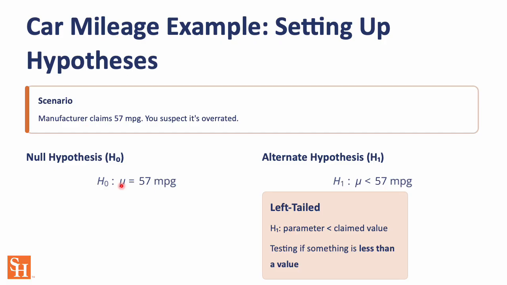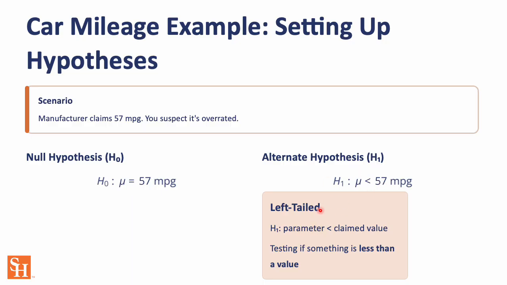Therefore here the population parameter mu equals 57, right? And in the alternative hypothesis, we believe it might not be true, so we want to test whether it is less than 57 miles per gallon, right? So here it is a left tail test, since we are comparing mu less than 57, right? So it is a left tail test.